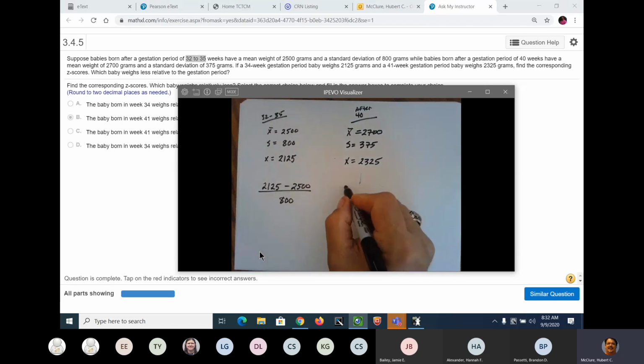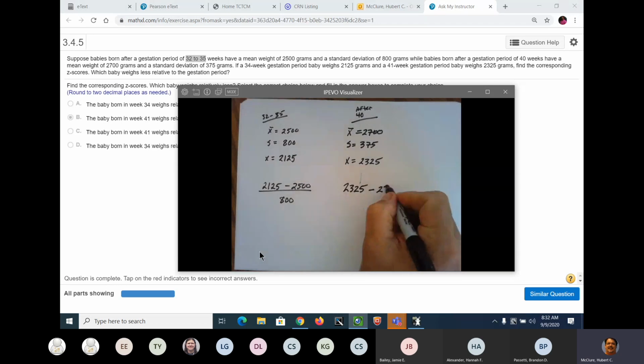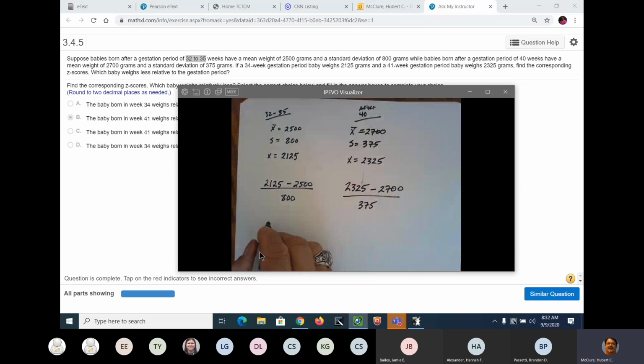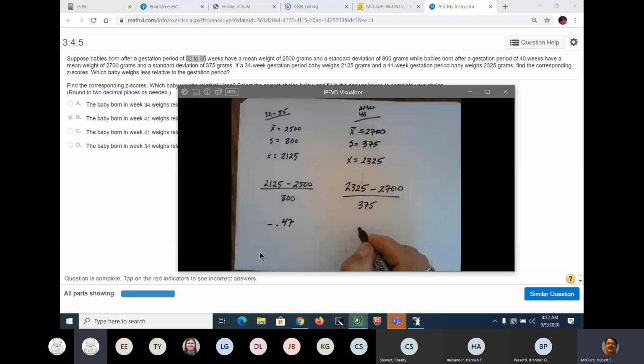And somebody calculate this one: 2325 minus 2,700 over 375. Okay, somebody get the first one for me. Negative 0.47. And somebody give me this one over here. Negative 1. Is it negative 1 even?